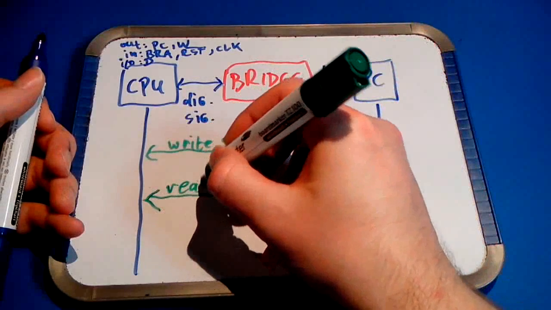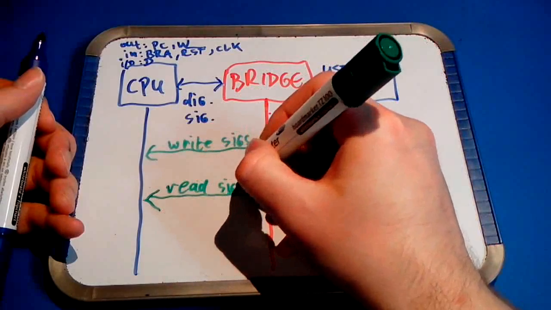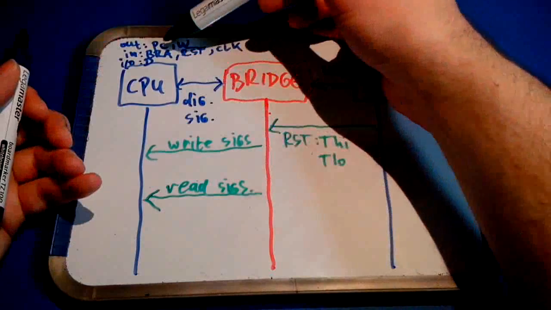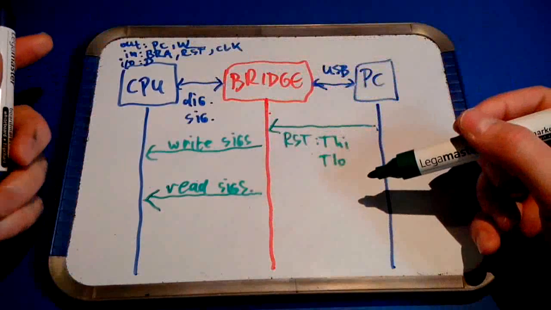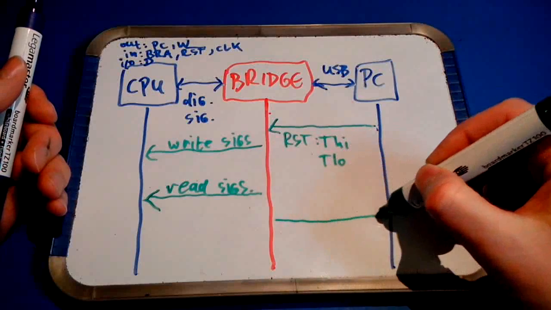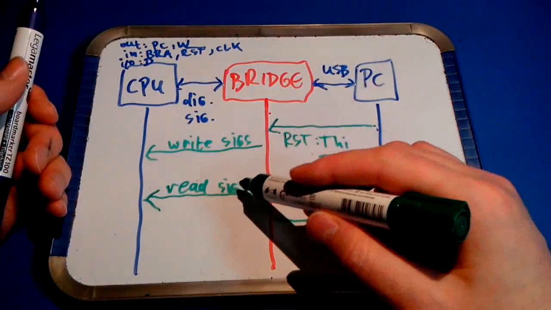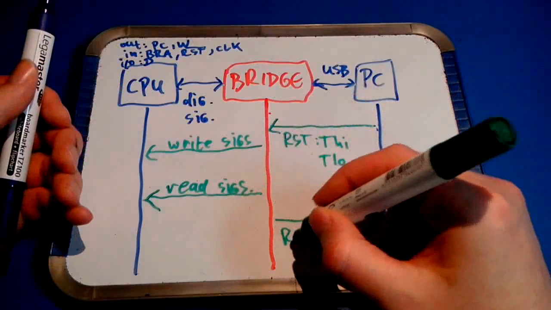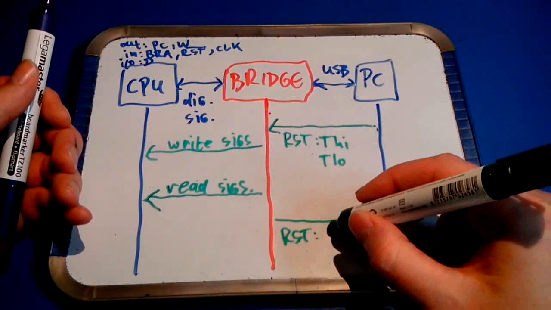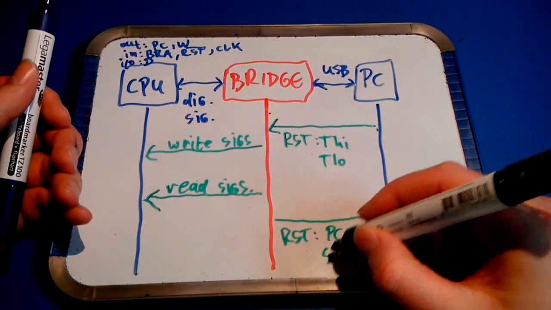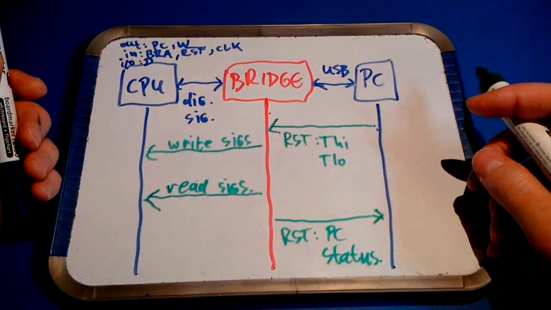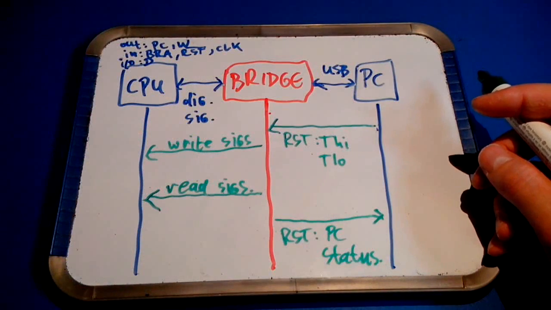It will read some signals, the most important of which is the program counter output from the CPU, because that's essentially the start address of the program. And then the bridge will send a reset reply to the PC containing the program counter and a status, which can be non-zero for error and 0 for OK, basically.